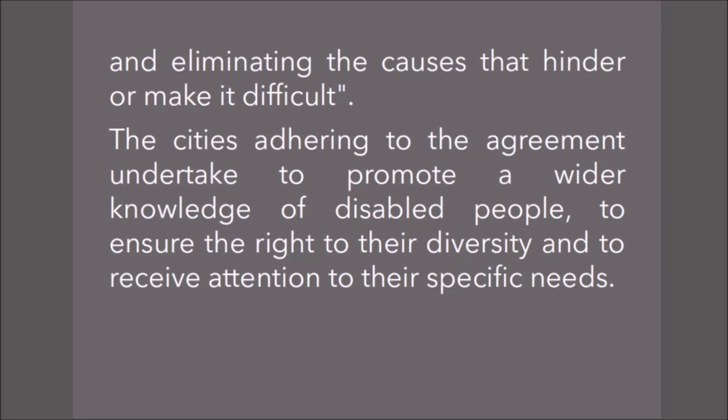The cities adhering to the agreement undertake to promote a wider knowledge of disabled people, to ensure the right to their diversity, and to receive attention to their specific needs.